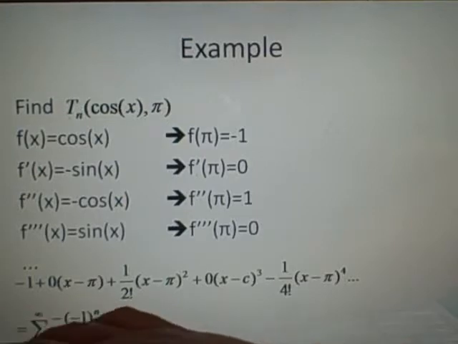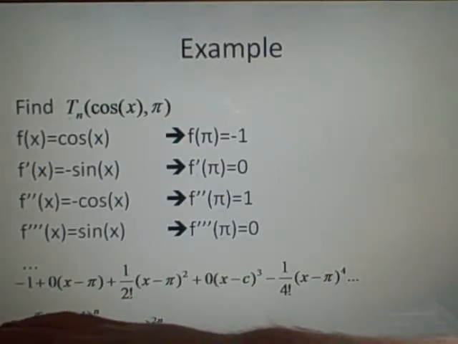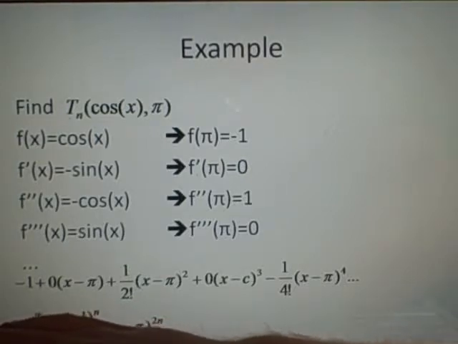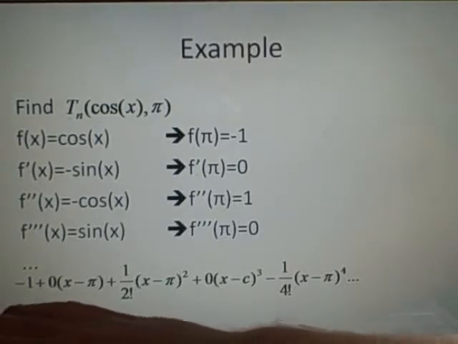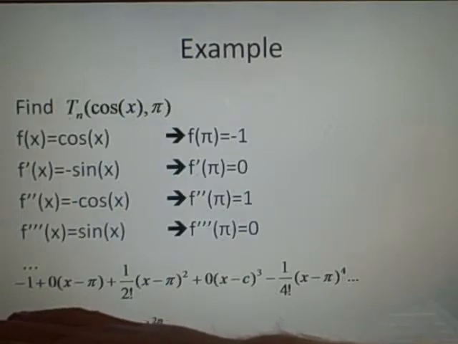As you can see, the zero terms are non-existent. Now we want to look for a pattern. Our first term is minus 1. Our second term is 1 over 2 factorial times x minus pi squared.